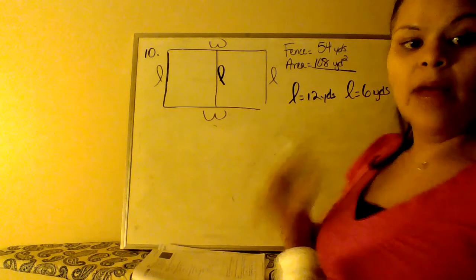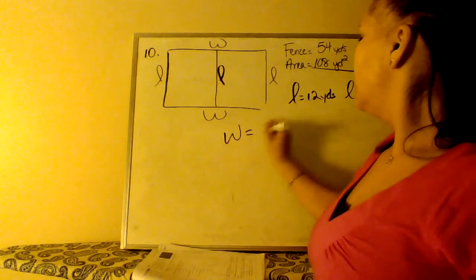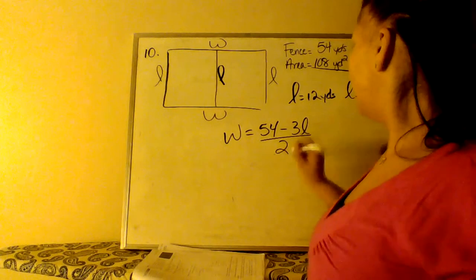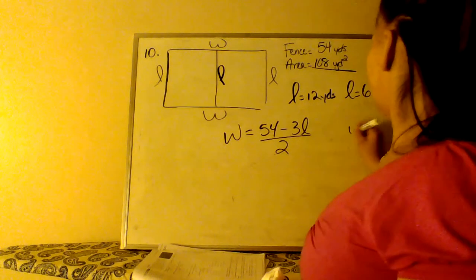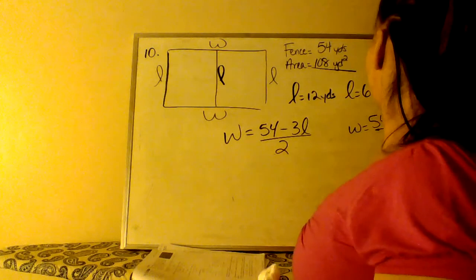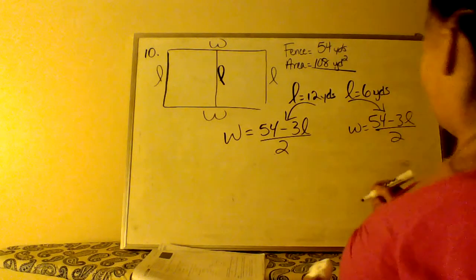Okay, so then I'm going to replace that into that original equation I made. So 54 minus 3L divided by 2. I'm going to write it twice, because I'm going to put each of these in here.